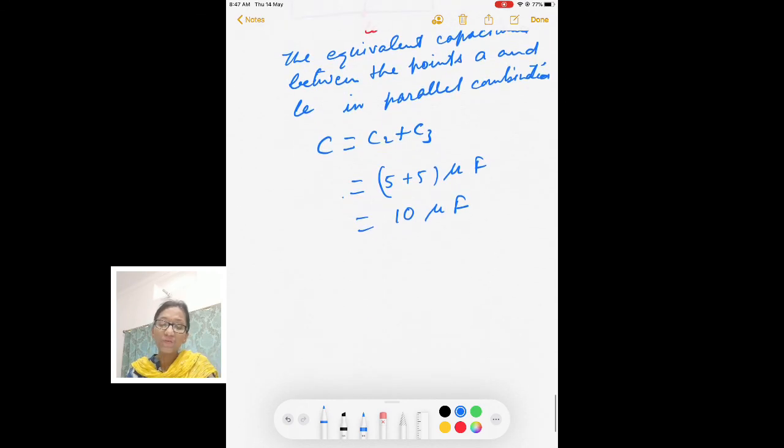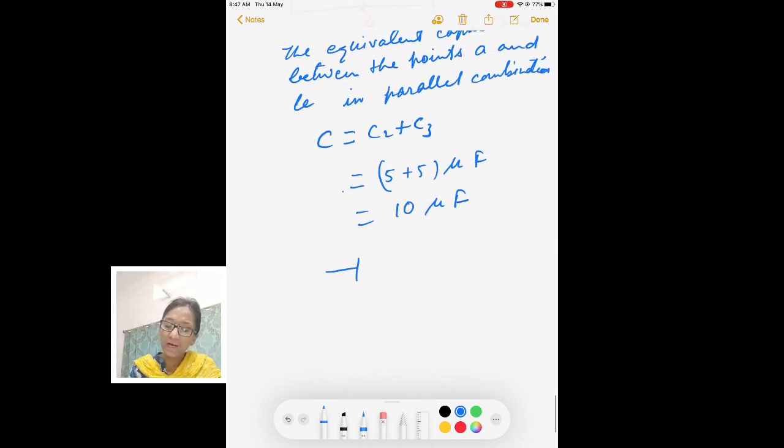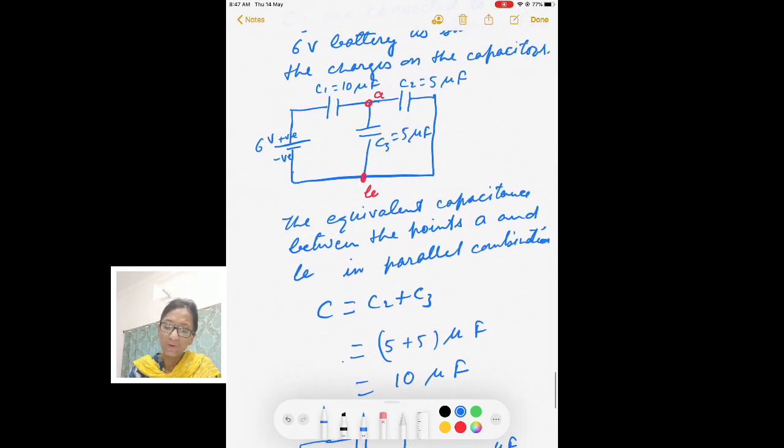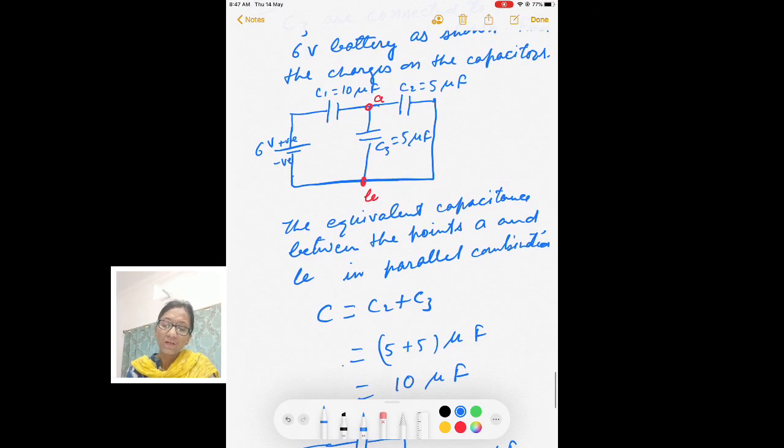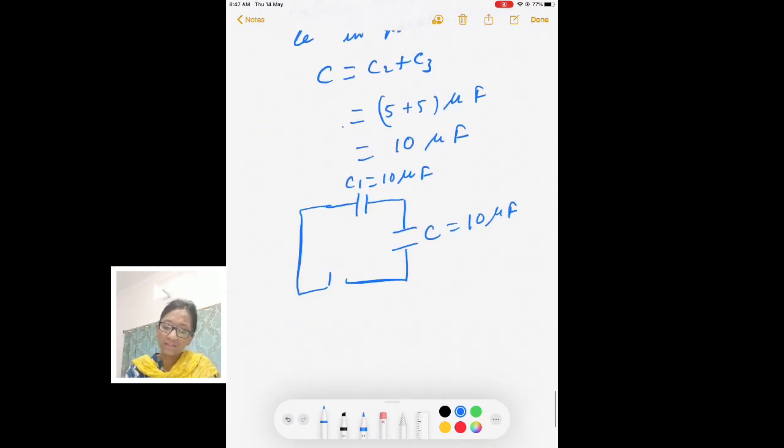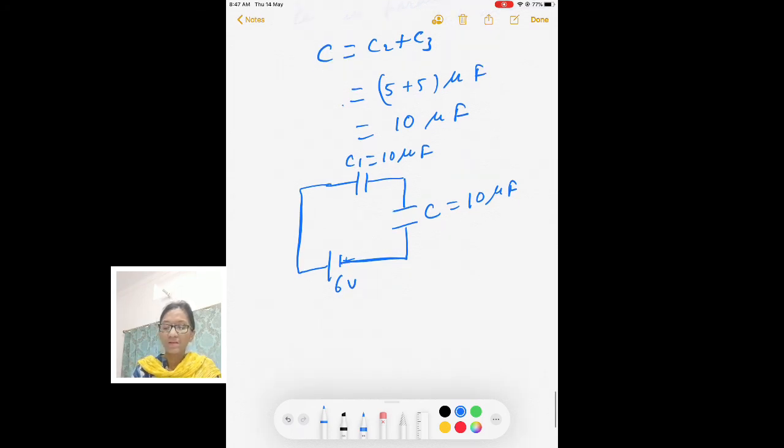Now let me simplify the diagram itself. You have C1 is equal to 10 microfarad, and if you replace the combination by C, this also comes equal to 10 microfarad, and the supplied potential is 6 volt. Here you can go in a simple way.